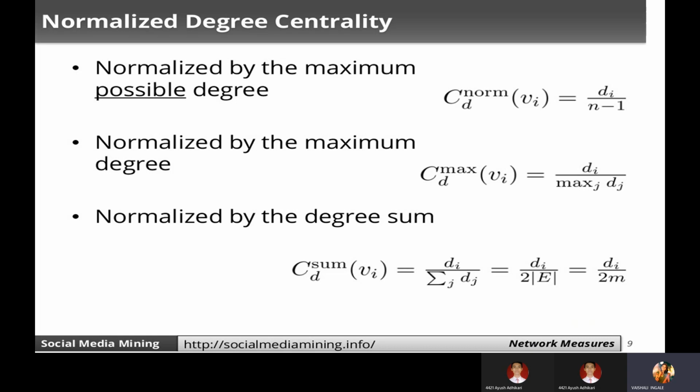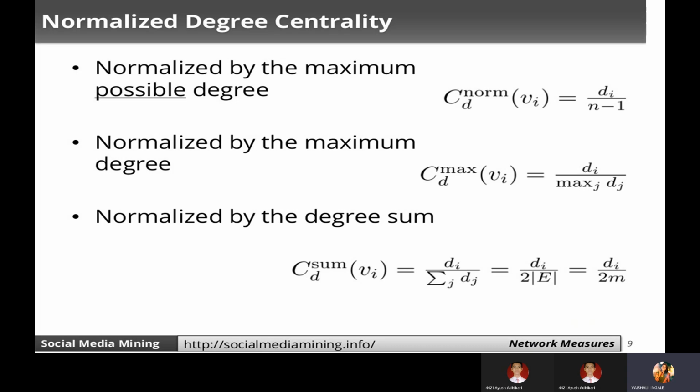One is normalizing by the maximum possible degree, and that is given by the formula: the normalized degree of the vertex Vi is the degree of that vertex divided by n minus 1, where n is the number of vertices in the graph, so n minus 1 is the number of vertices minus 1.